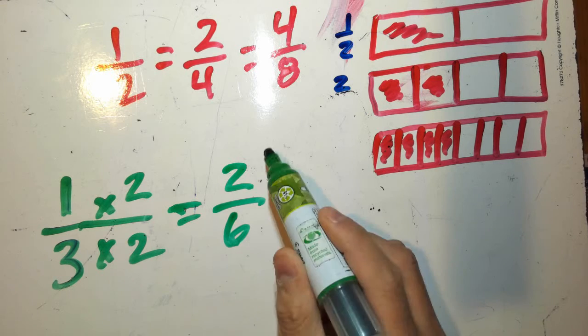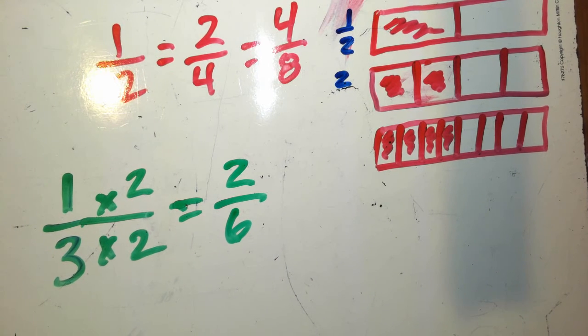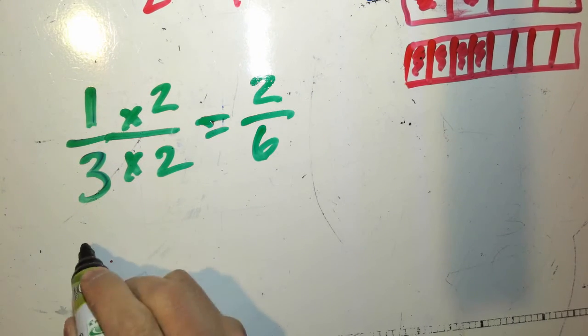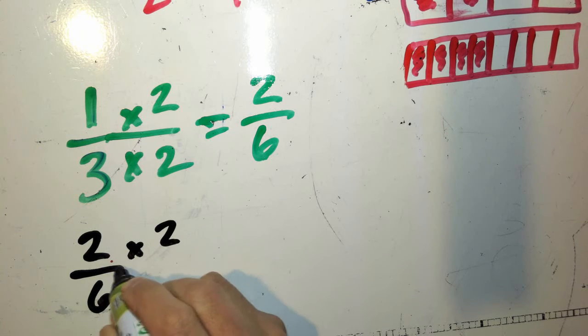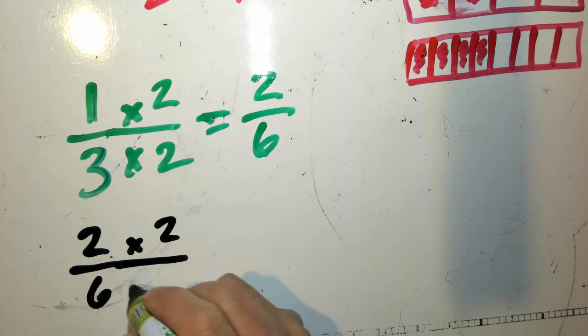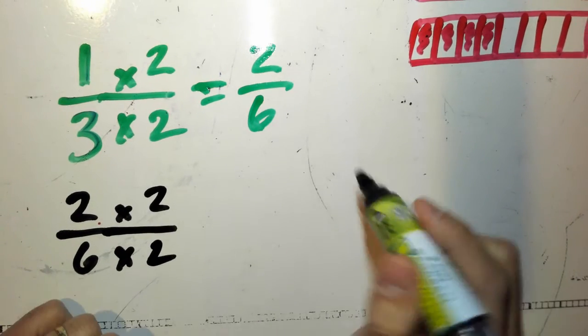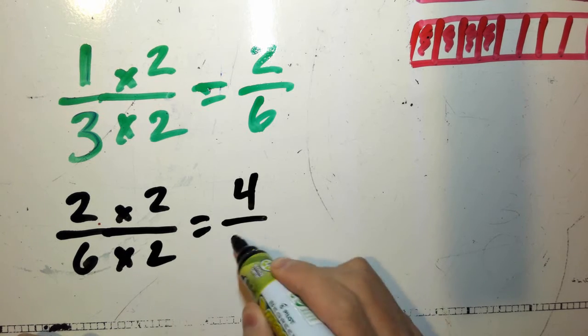Okay, so let's remember that. And then we'll take black. We'll take that 2/6, and we'll multiply that by 2. And whatever you do to the top, you do to the bottom. And that'll give us 2 times 2 is 4, and 6 times 2 is 12.